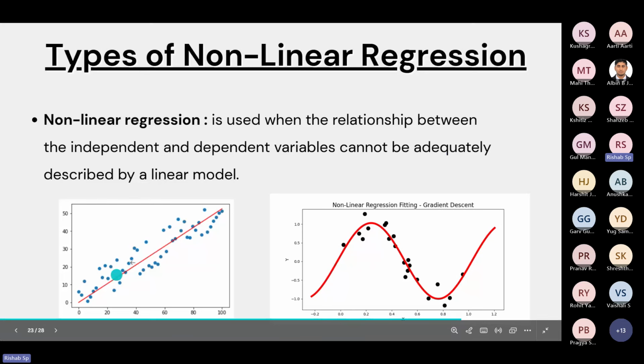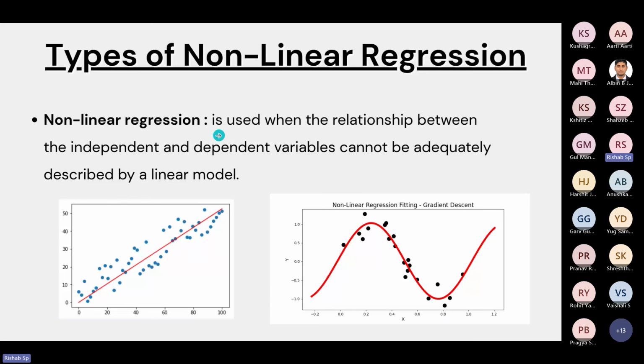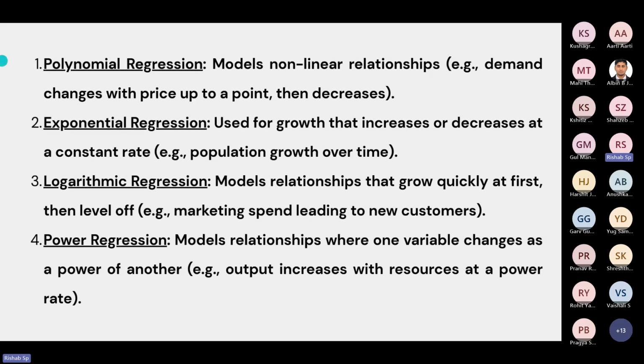This is basically the graph which we saw in the previous slide. This is a straight line. This is a more complex graph. Non-linear regression is used when the relationship between the variables cannot be accurately described by a linear model. This is the theory part. We have 4 types of non-linear regression.